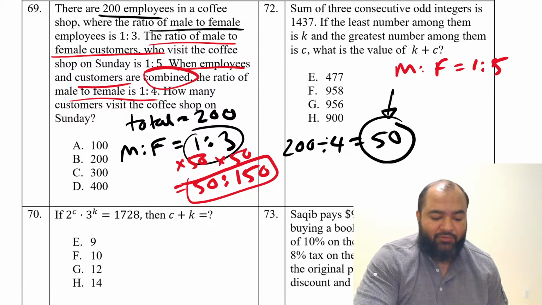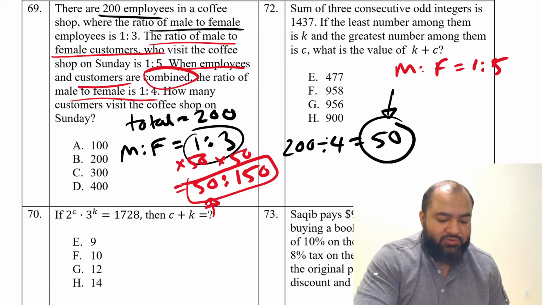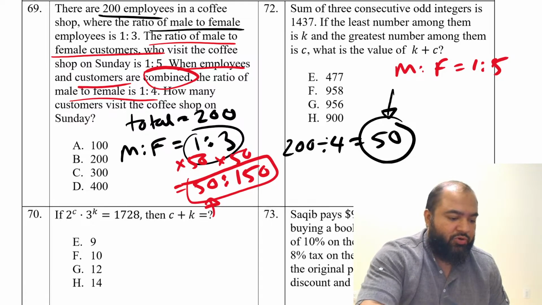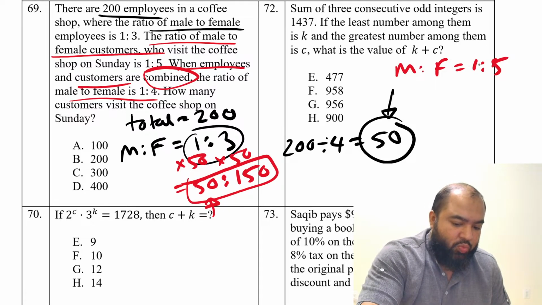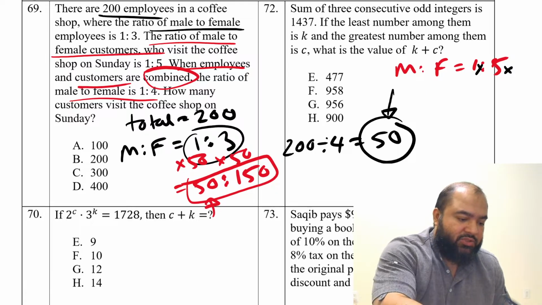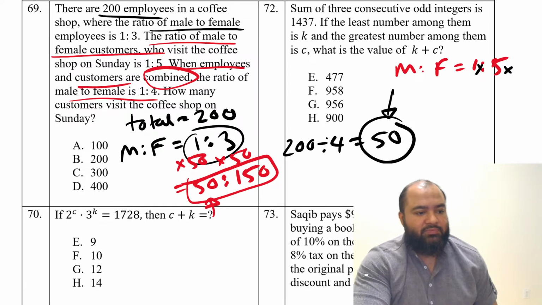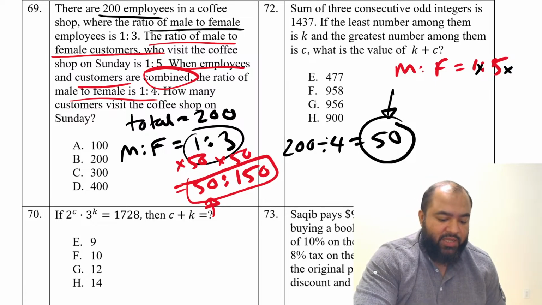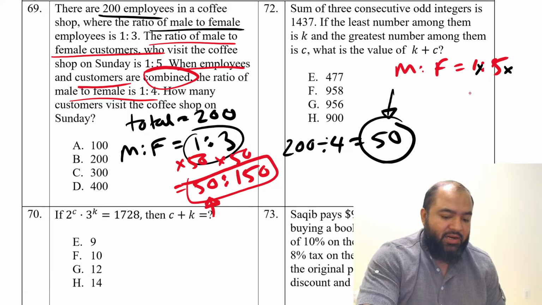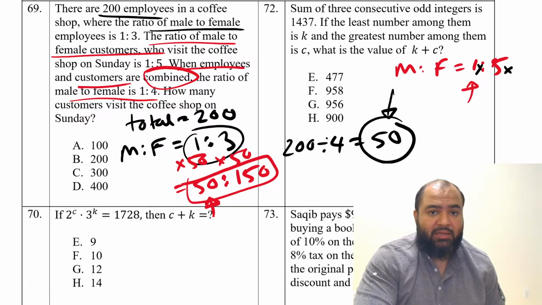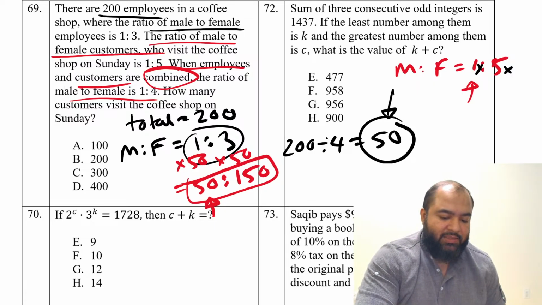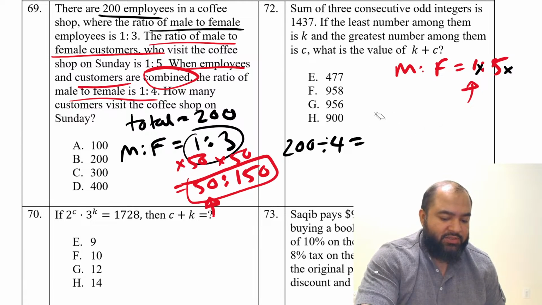Let's do the combining first. So how many male employees do we have? 50. And how many male customers do we have? We don't know actually. I'm going to put an X next to it. So 1x, because just 1, the ratio is not real. That's reduced. So the real number of male employees I have is 50, and the real number of male customers I have is 1x.